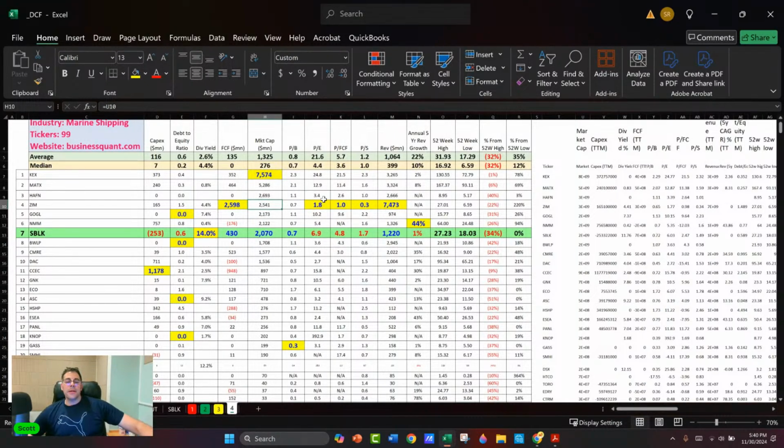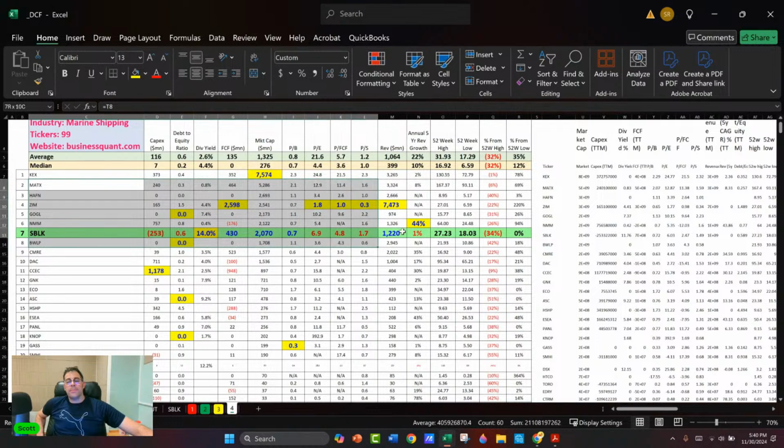And look at Zim's price to free cash flow is 1. Price to earnings is 1.8. So they look really undervalued. But yeah, it's pretty volatile, the industry. These stocks move around a lot.